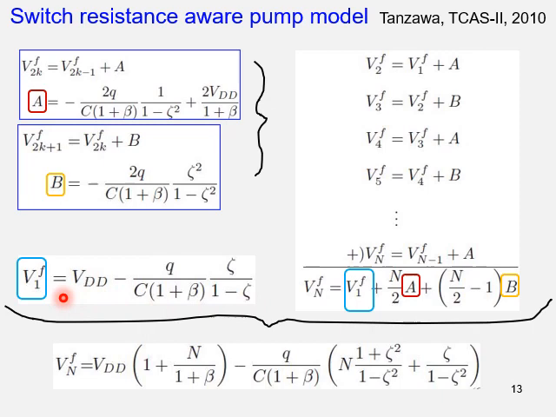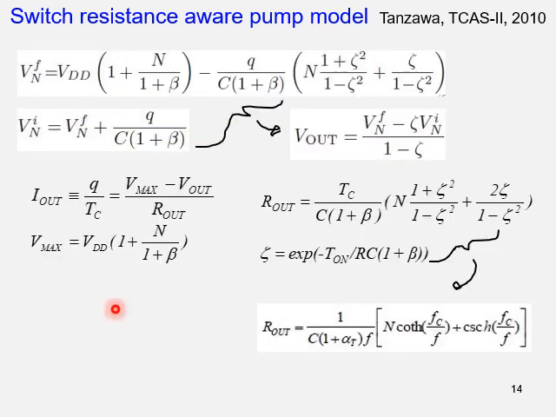And you can input the final voltage of V1 to here. Then you get this equation for V and F. And lastly, this equation and the previously available equation are combined into this equation, which results in this form.